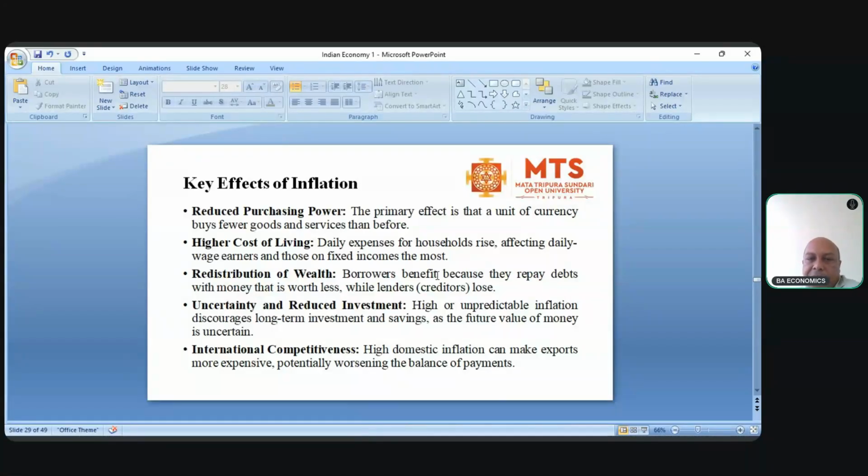If inflation continues in any country, then the balance of payments will be negative because of less export by that country.